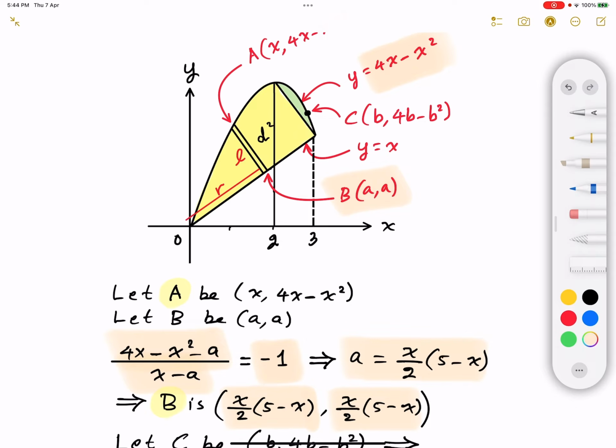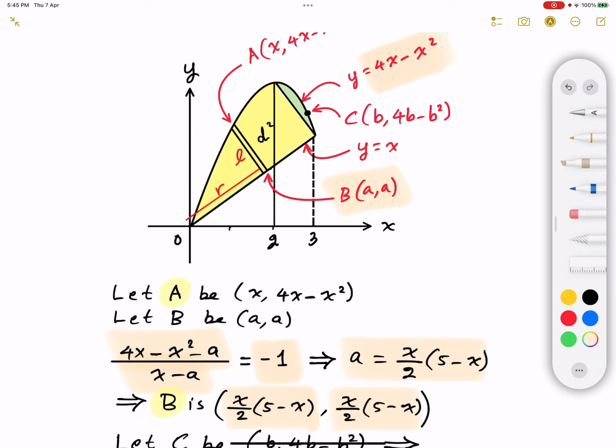So if we change x between 0 and 2, we would account for the first volume of revolution, which is the yellow region here. Revolving the yellow region around the axis y equals x would be traced by letting x change between 0 and 2. How did we get 2? Basically, you need to see where the perpendicular at the point 3,3 intersects your curve. It will intersect it at 2, which is basically the maximum point here.